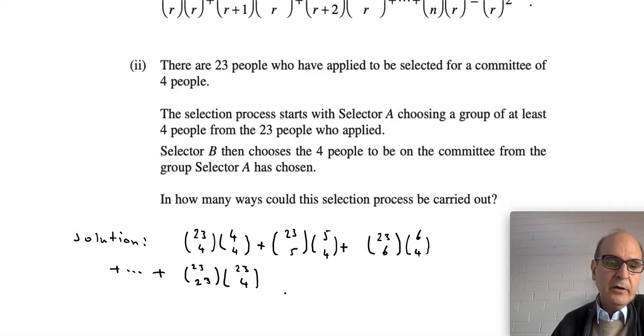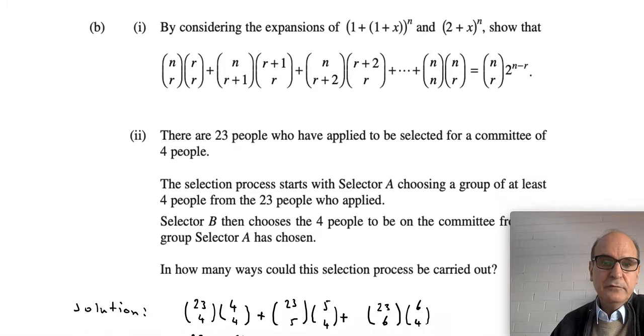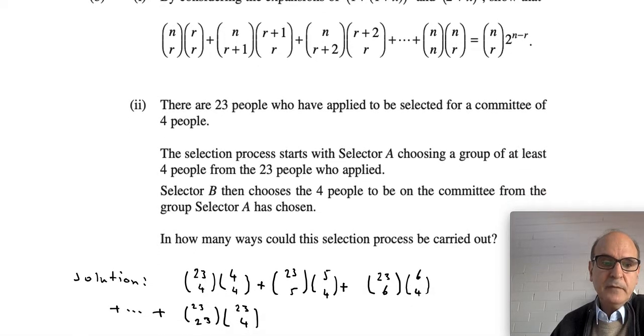All right, so from the previous part, if you look at it, n has been replaced with 23 and r has been replaced with 4. In the next bit we have n again 23 and r plus 1, which is going to be 5 because r is 4. And then you've got again 5 and r is 4.